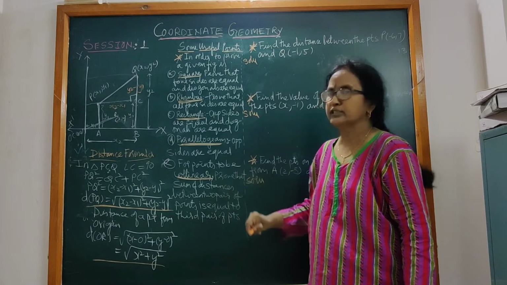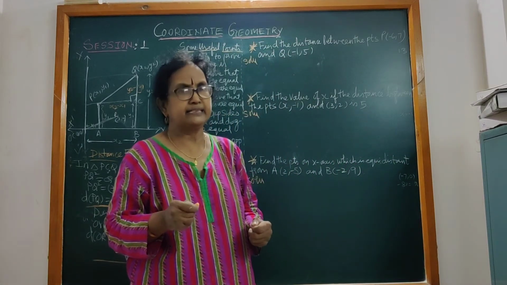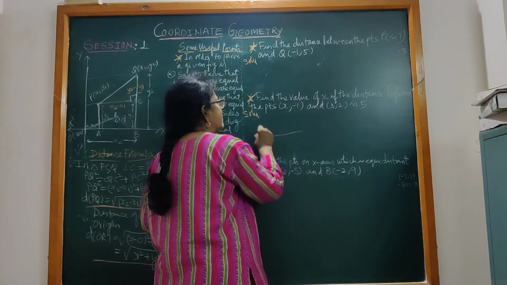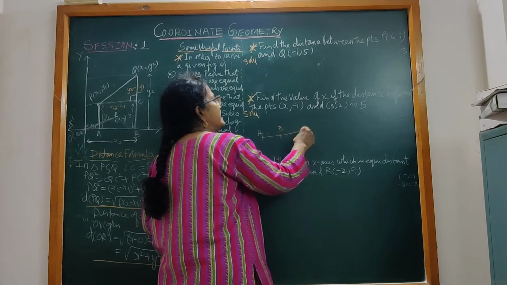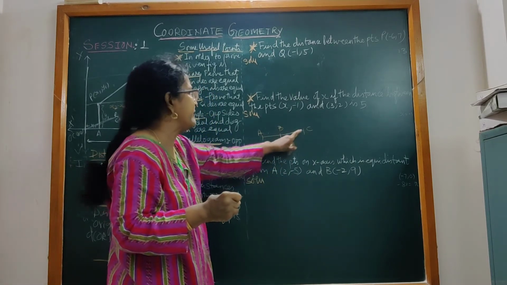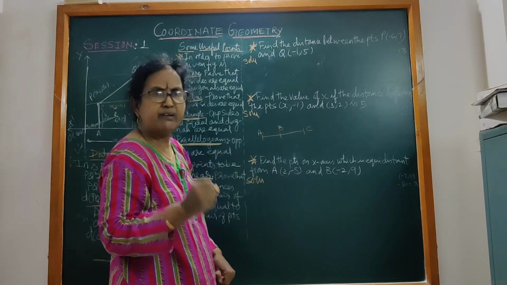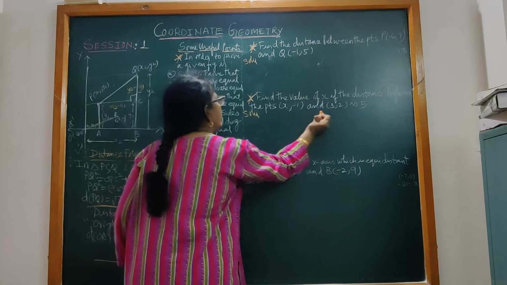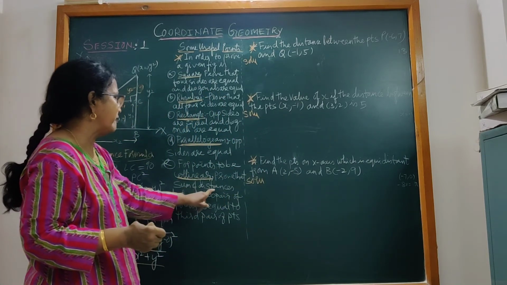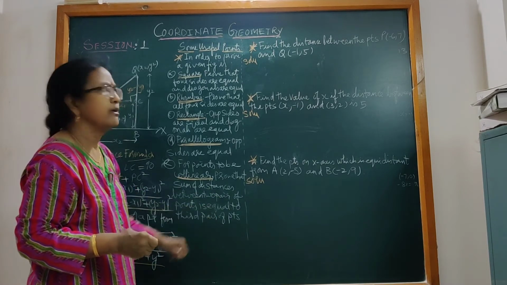Now, the next is collinear. Collinear means the points which are lying on the same line. Suppose we have points A, B, C. We don't know whether B is lying between A and C, or whether C is lying between A and B. So what we have to do is prove that the sum of the distances between two pairs of points is equal to the third.